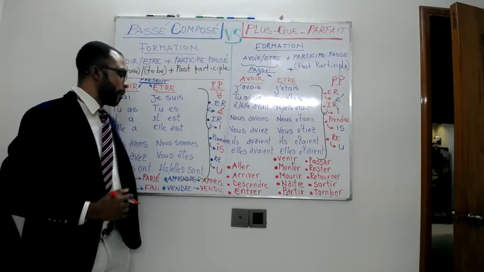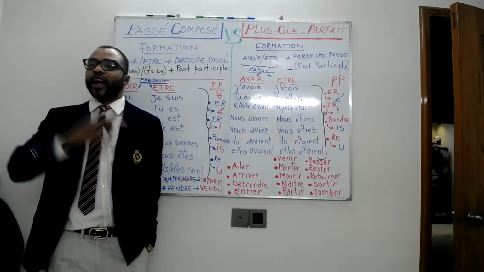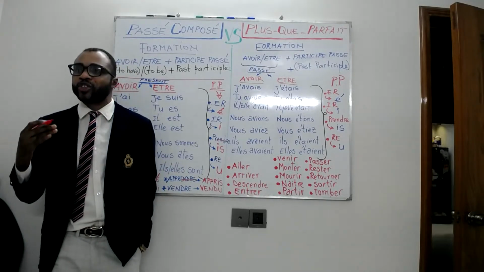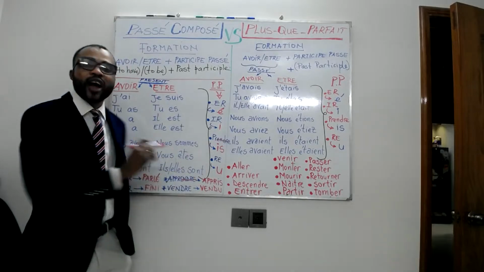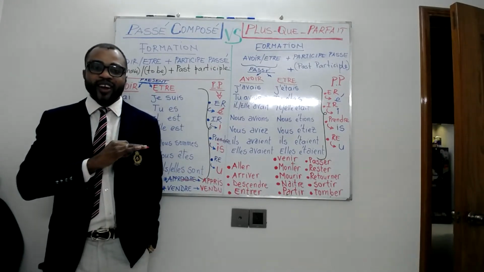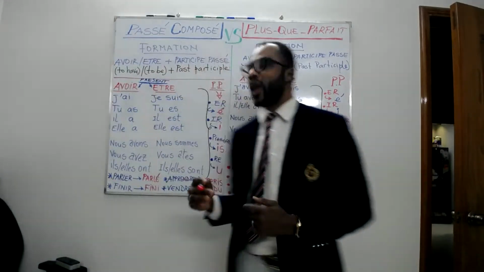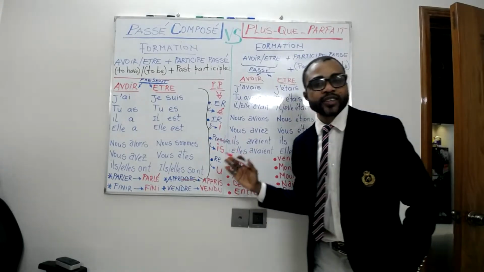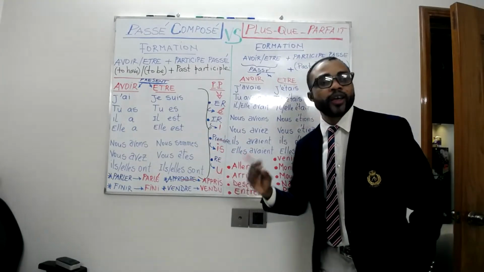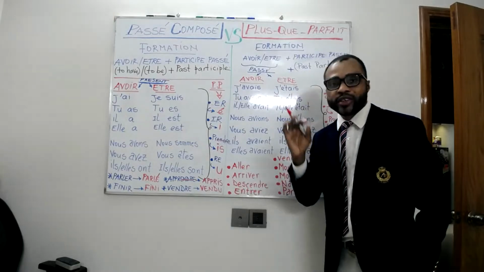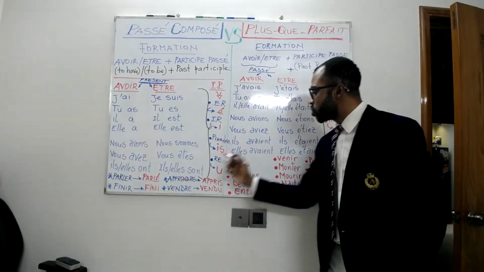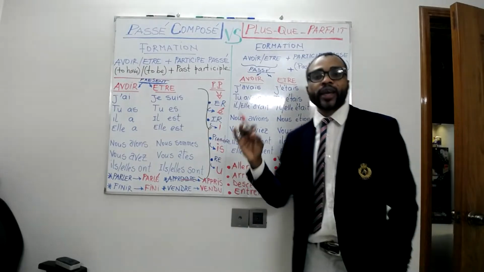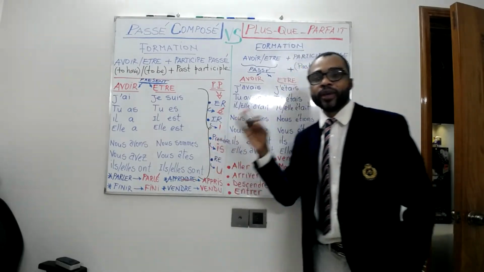Alors, on va continuer. Now, let's go with another category of verbs. In case the verb you want to use ends with RE, in that case, we have just to remove only RE and replace it by only U. Alors, si votre verbe se termine par RE, bien sûr, si le verbe est régulier, pas les verbes irréguliers.